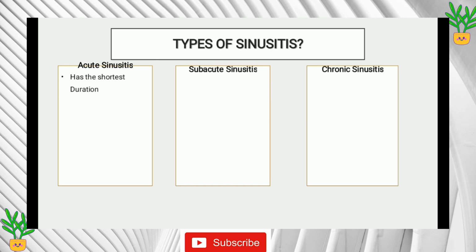Acute sinusitis has the shortest duration and it will resolve within a few days, and the symptoms last between 1 to 2 weeks in case of viral. In case of bacterial infection, the symptoms will last up to 4 weeks. So this is about acute sinusitis.